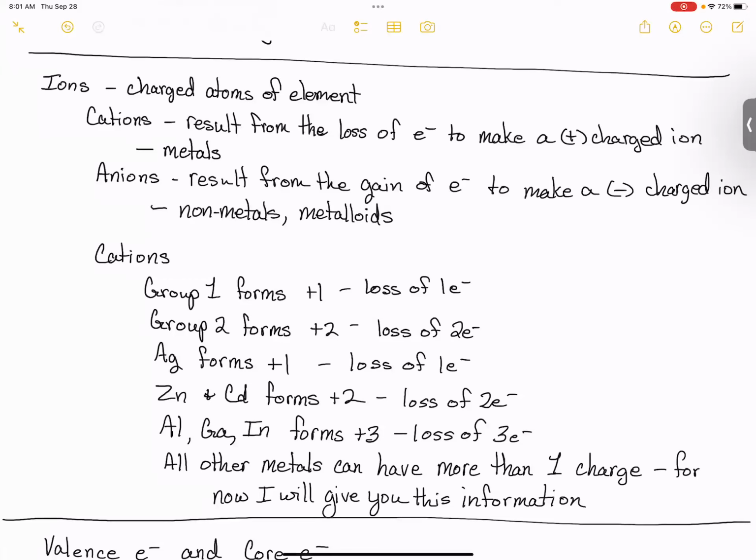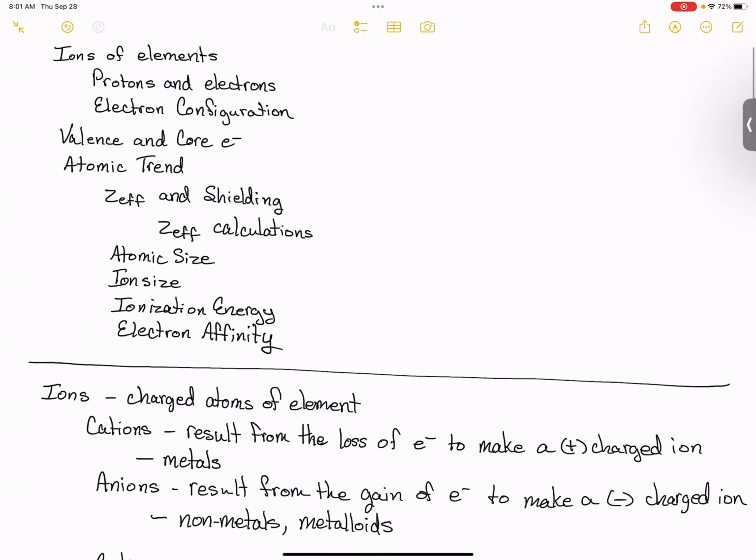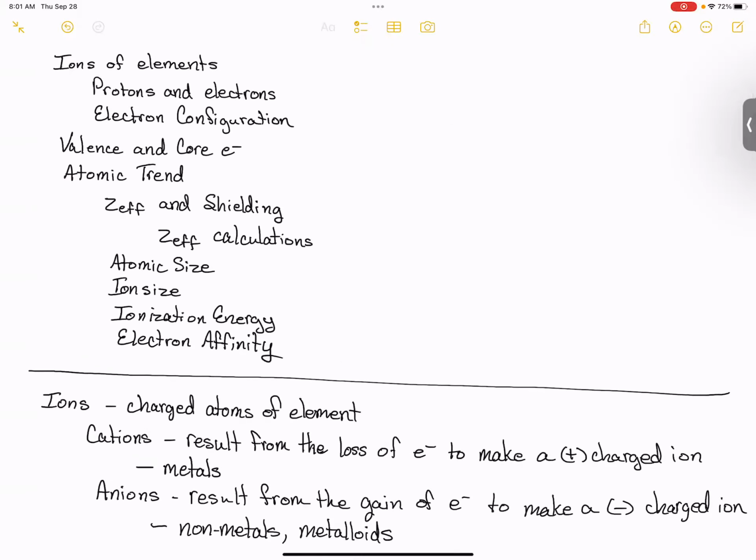Okay. So today we will be covering ions of the elements. With the ions of the elements, we're going to look at the number of protons and the number of electrons. We'll also get into the electron configuration.